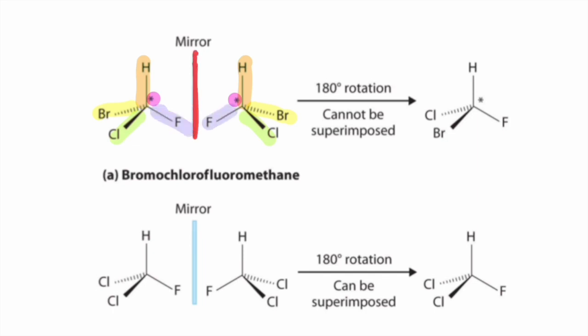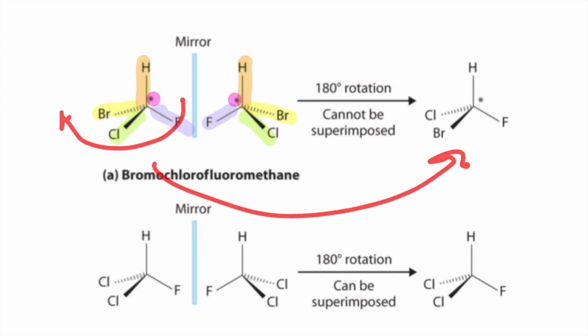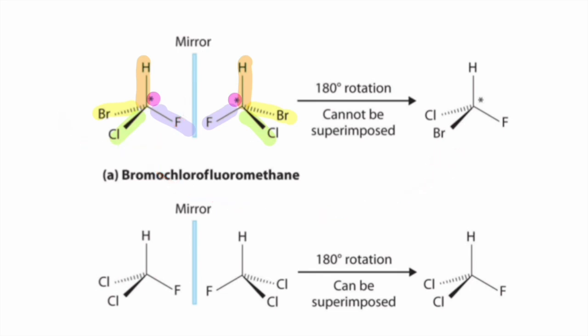Although mirror images, no matter how I rotate this, so if I take this one and rotate it a little bit here, and I look at it on this side, check it out. I can't place this one on top of anything. Now, I could if I move something around.